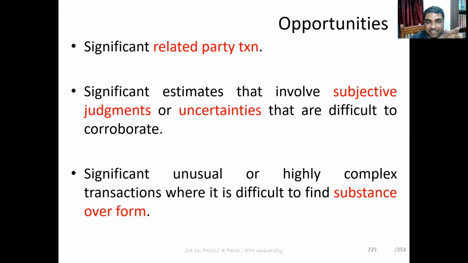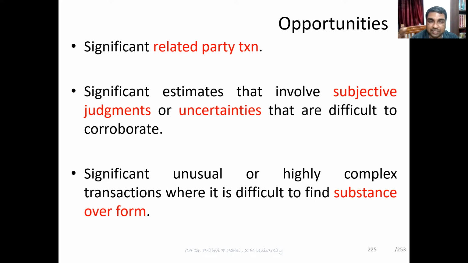And the third case is that if there is a significant, unusual, and highly complex transaction, where it is difficult to find out the substance over form, that means the real nature of the transaction. Is it a sale or is it just a transfer? Something like that.